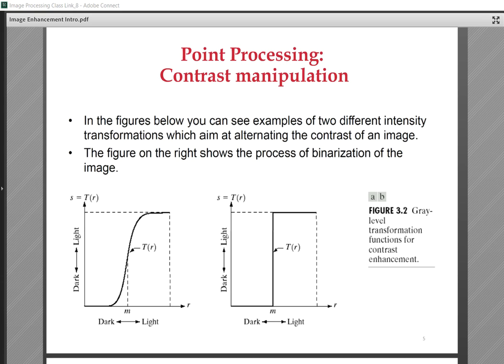In the figure below we see abruptly changing contrast. The horizontal axis is the input intensity, r. This is the lower intensity or zero intensity, and this is the higher intensity, for example 255.